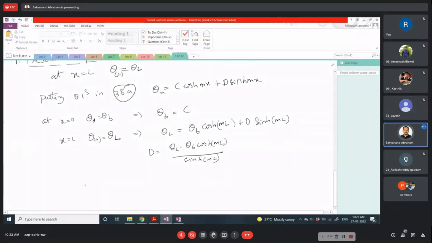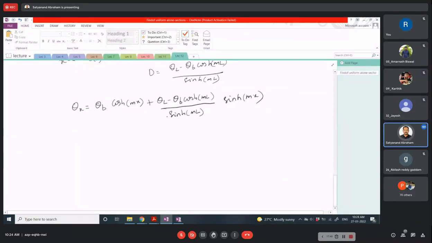So now we got C as well as D. Now we can write the full equation. Theta x is therefore equal to theta b cosh mx plus D sinh mx, but D is equal to theta L minus theta b cosh mL, divided by sinh mL, into sinh mx.